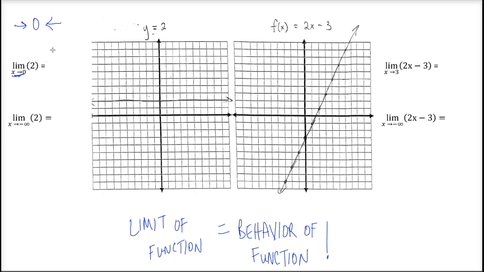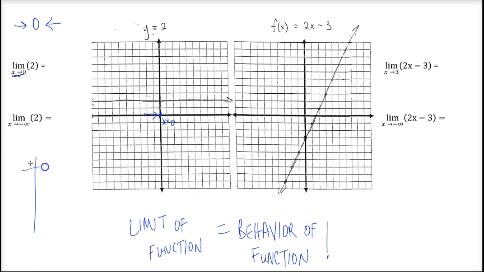To be specific, at this particular point, this is the point 0, 0. So that means x is going to be 0 here. From the left, we mean as the numbers get closer and closer to x equals 0 from this way.